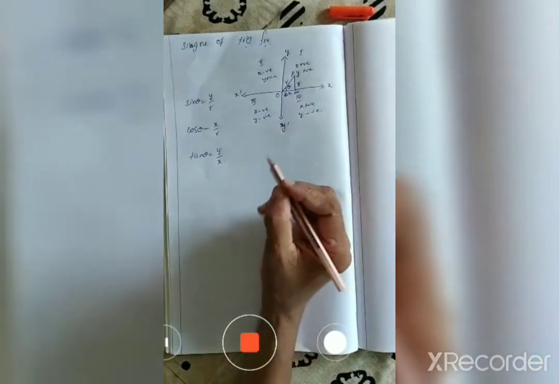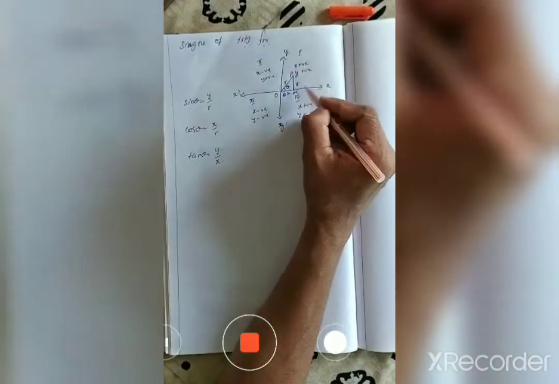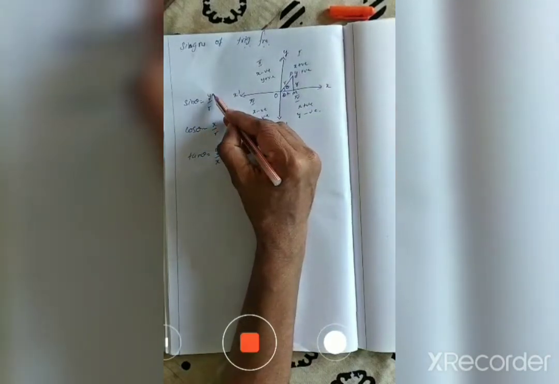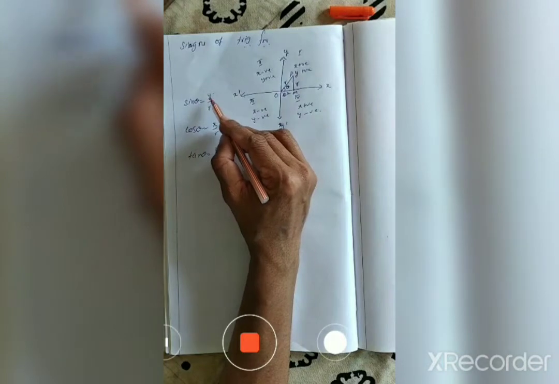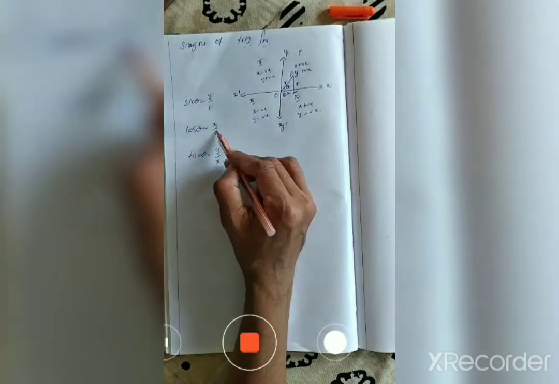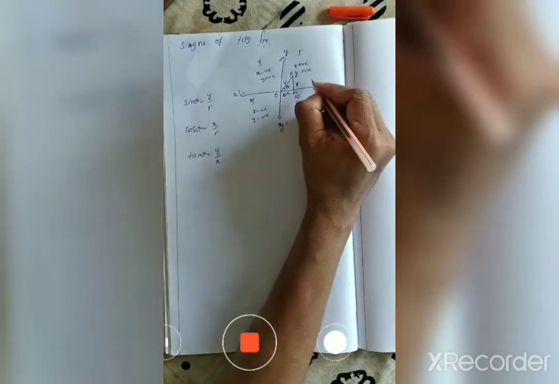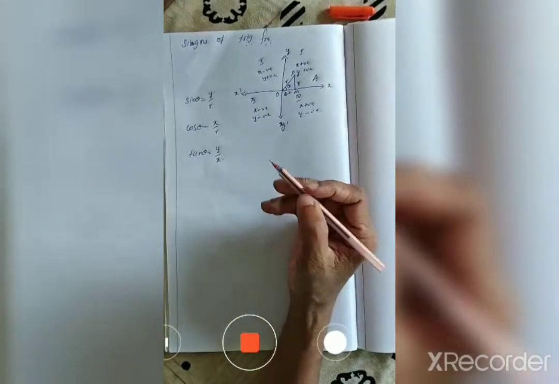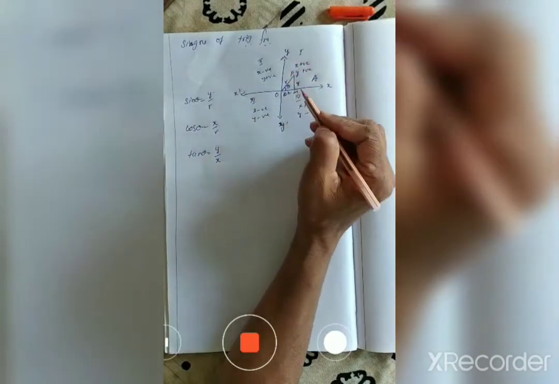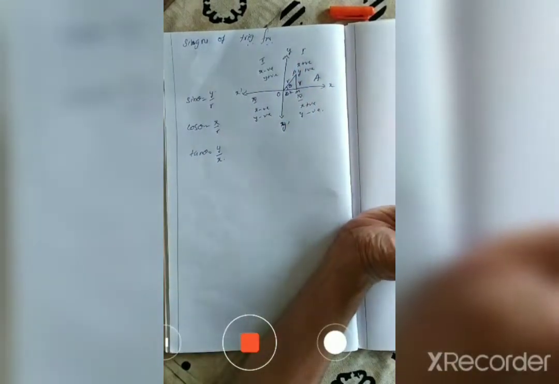Here in first quadrant, both x and y are positive. So sine theta becomes plus y by r, cos theta x by r. So here in this first quadrant, all trigonometric functions are positive.